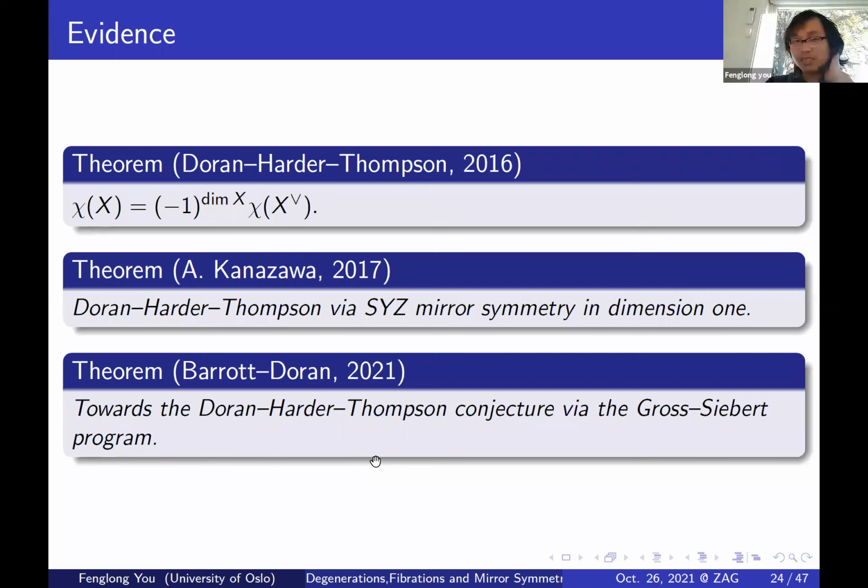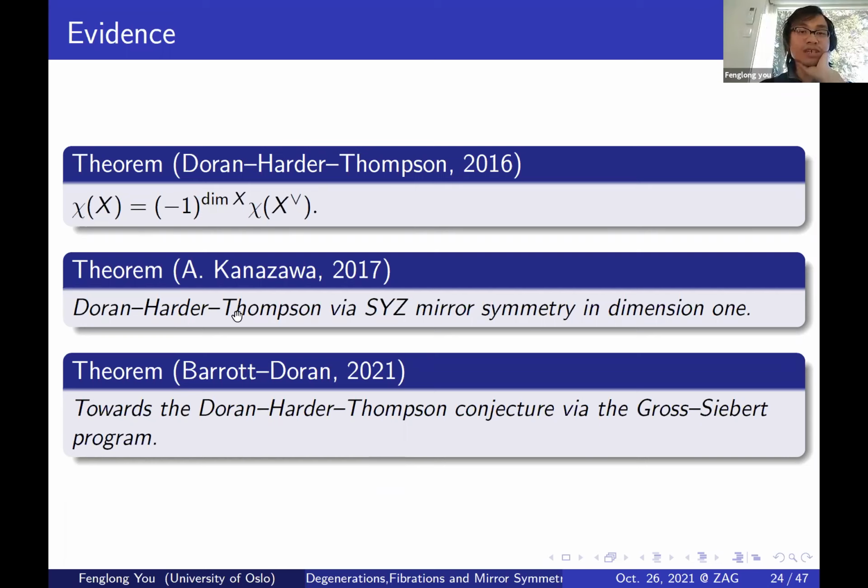And you can study this conjecture in different aspects. For example, you can compute the Euler characteristic. It can be checked that it satisfies this mirror relation.